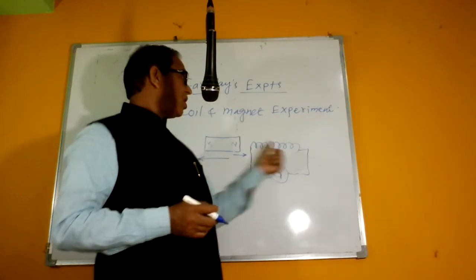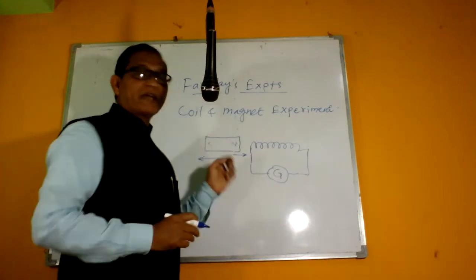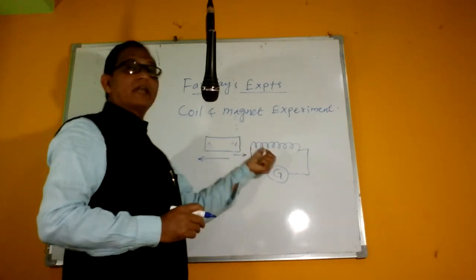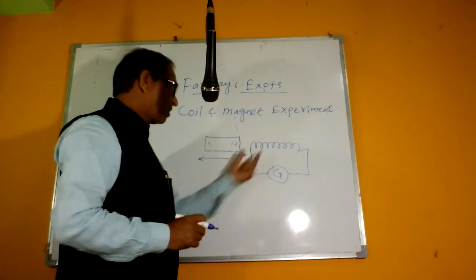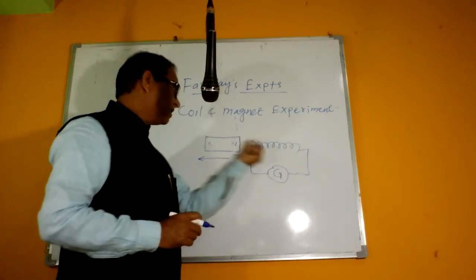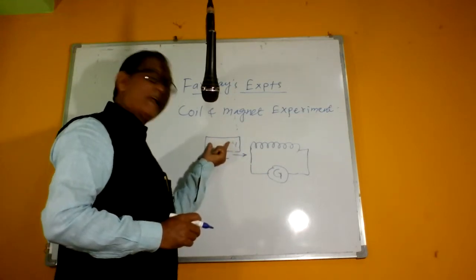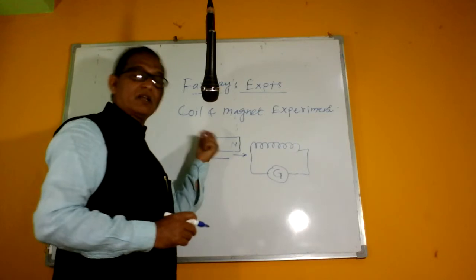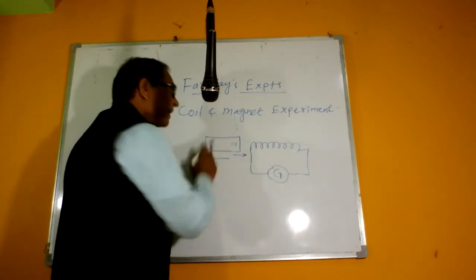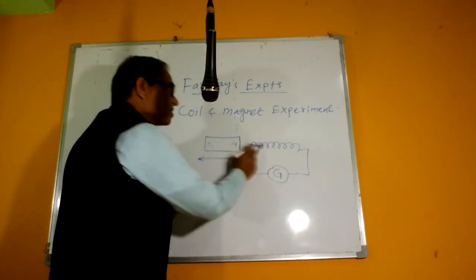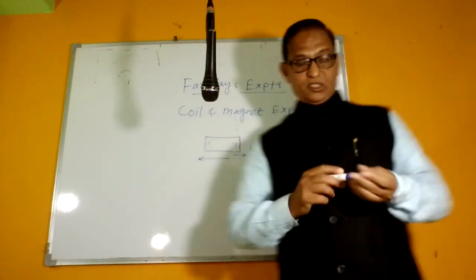On the other hand, if we use a greater strength magnet, you will also get the induced current increased. Or the relative speed of the magnet, towards the coil or away from the coil, is to be increased, so that you will get increased induced current.